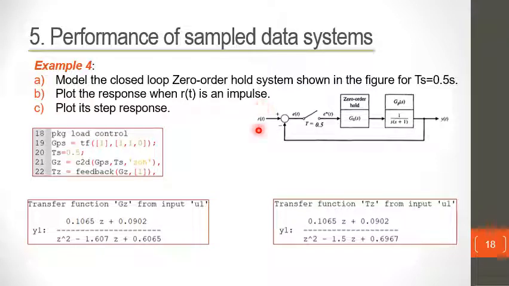So remember, the impulse is just a signal like this. An impulse is just a signal here that goes to 1 initially when t is equal to 0, and then there's nothing for the rest of the time. So when you give it an impulse, we want to see what happens to y of t.